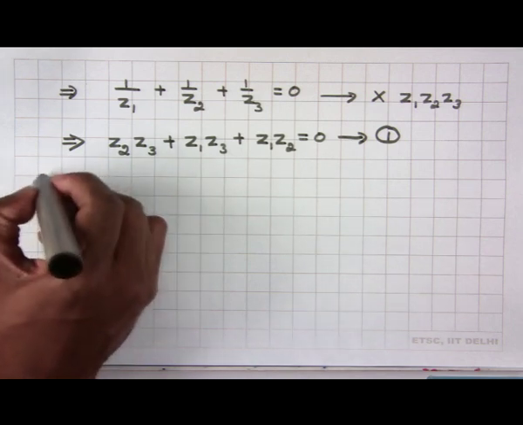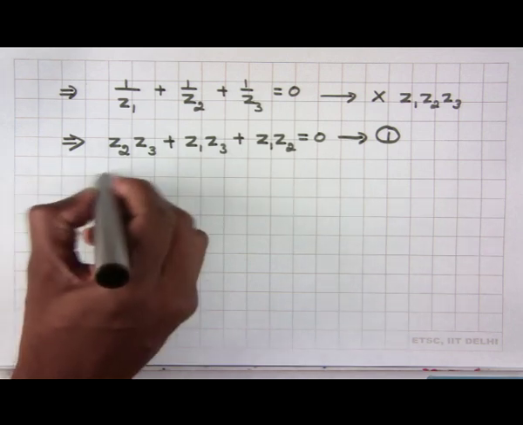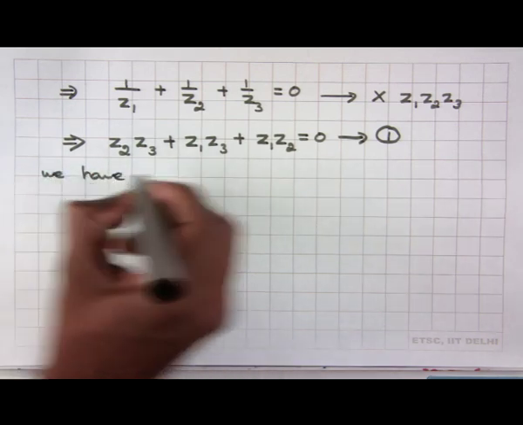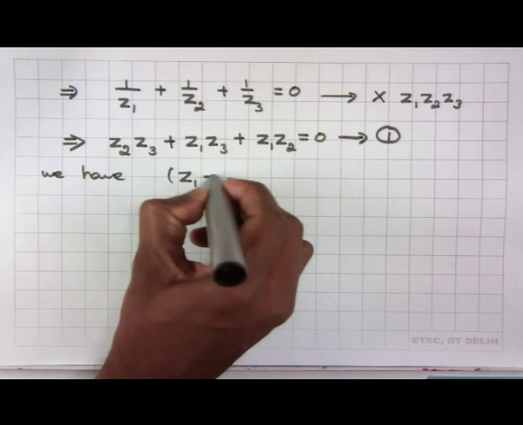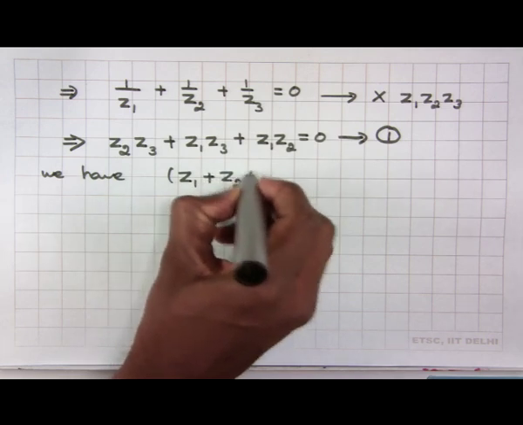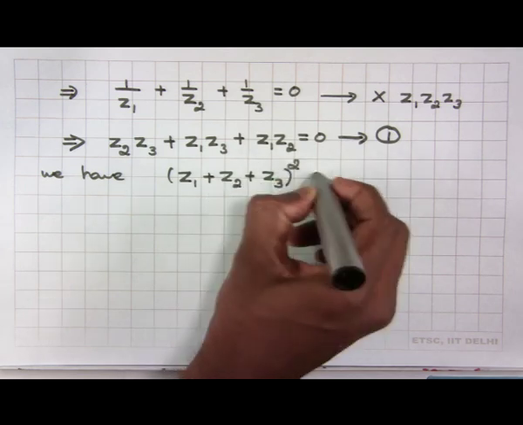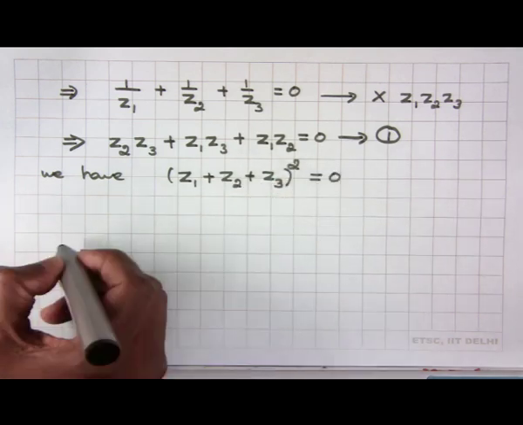And again, from the given equation we have Z1 plus Z2 plus Z3 is 0, then take its square, that is again 0.